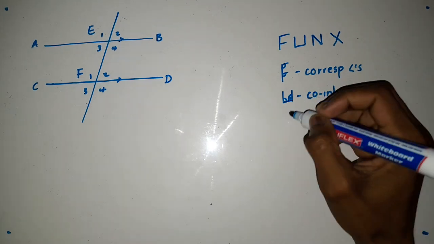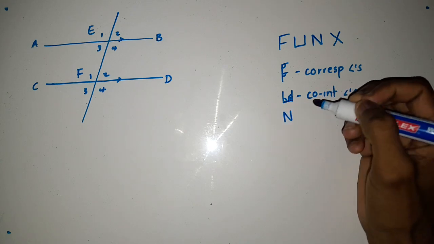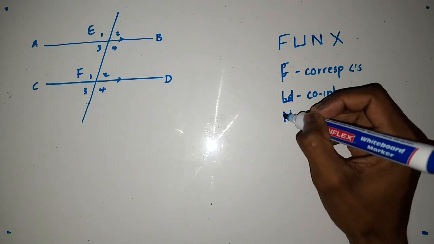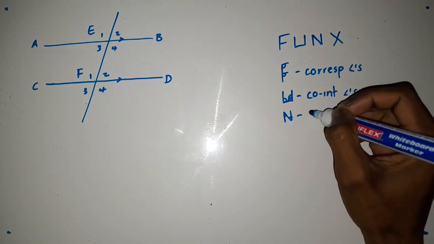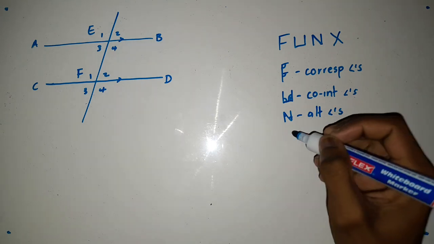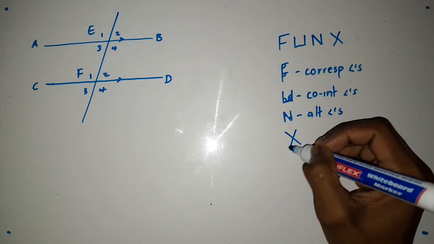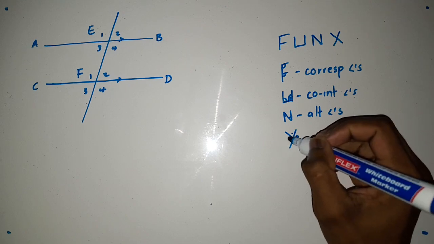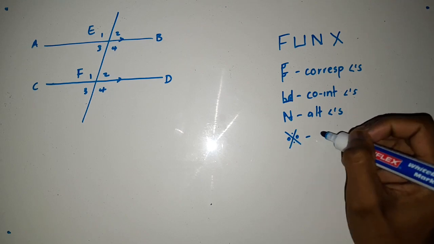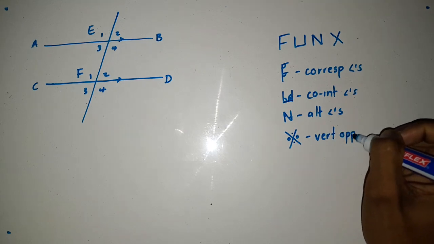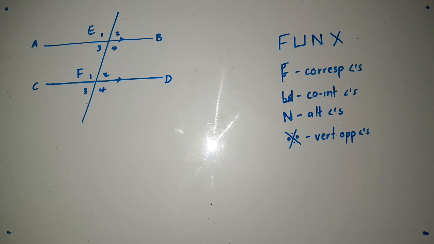Co-interior angles. Then we have N or Z, you see. But in this case, it's N. Alternating angles are always equal. Then we get vertically opposite. Let's say this one with this, or this one with this. These are vertically opposite angles. They are also equal.